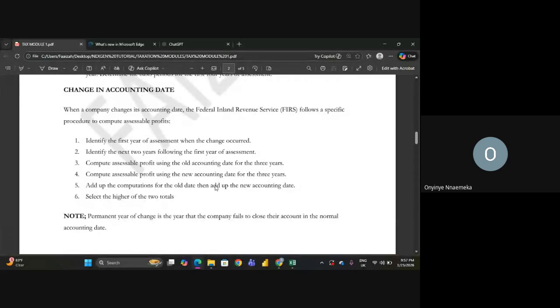When the company changes the accounting dates, FIRS follows a specific procedure to compute assessable profit. But before I move to the procedure, why would the company change accounting dates? Sometimes it's just for tax planning. Tax planning is like, you want to reduce the tax that you will pay.